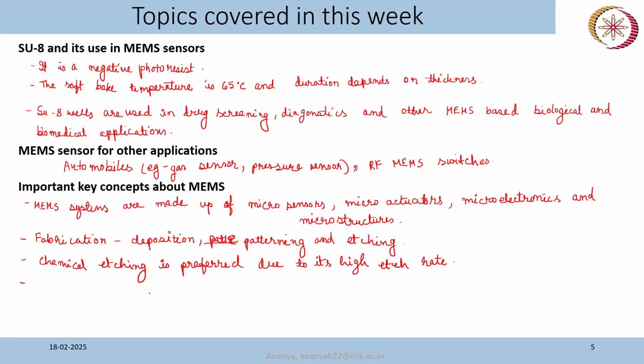we discussed the basic sensing mechanisms for the pressure sensor, because in MEMS sensors we make suspended structures, so these are for pressure sensing. And there are three different types of pressure sensors: capacitive, piezoelectric, and thermal. Okay, piezoelectric and piezoresistive are in a similar category.